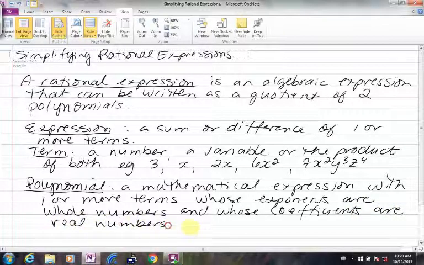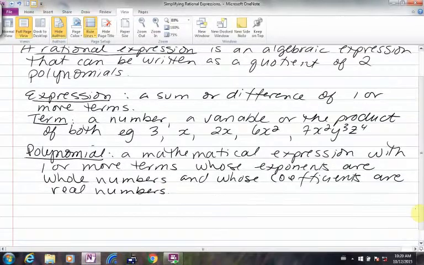So this is an important distinction. So let's first of all look at examples of polynomials.